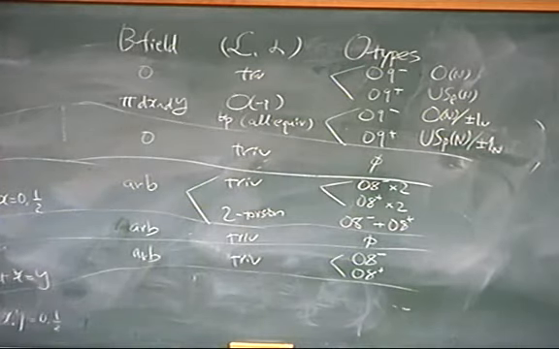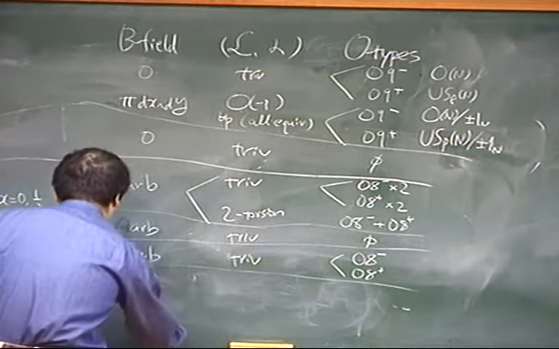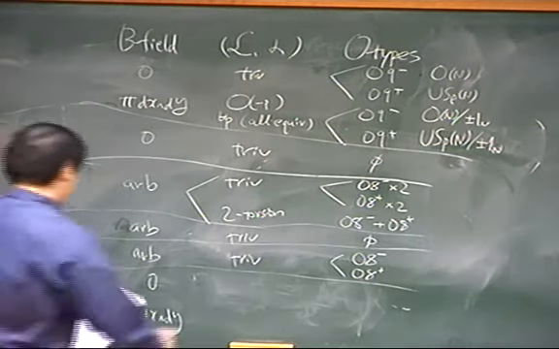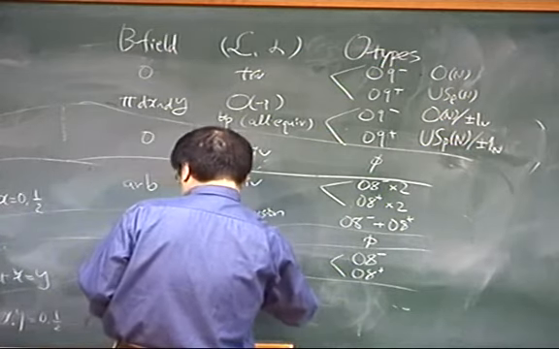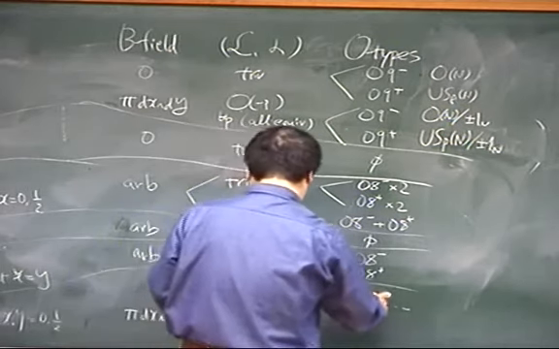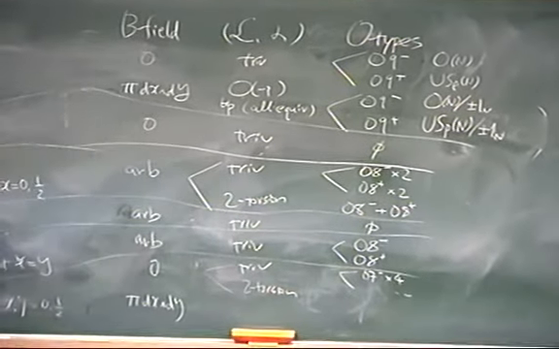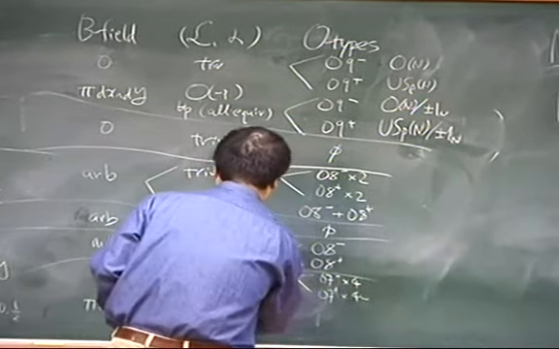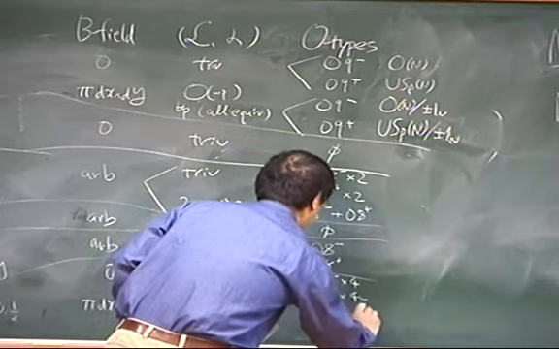And in the last case, there are two possible values for the B field, either 0 or pi dx dy. And for the twist, it's either trivial or two torsion. And in this case, there are O7 minus, four points that are all minus type or all plus type. And in this case, two of them are plus type and two are minus type.